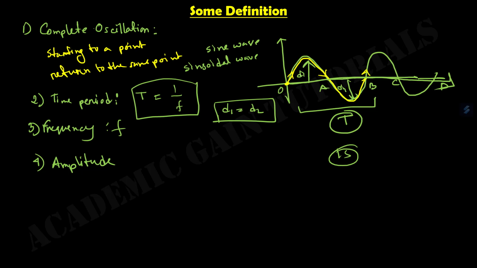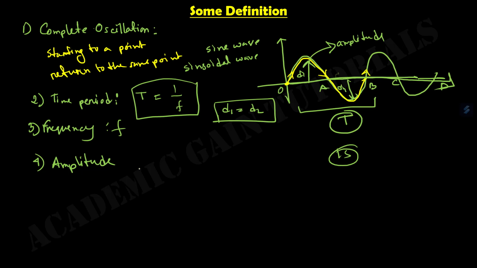This displacement or distance is known as amplitude. I hope you understand this. The amplitude is the maximum displacement of the oscillating object on both sides of the mean position.